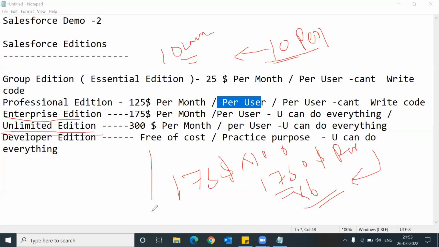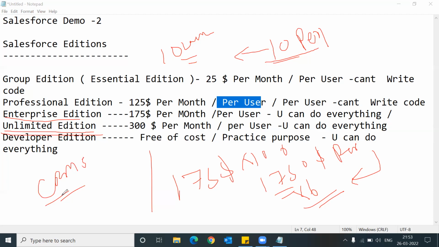In this case, you will move to other CRMs. But Salesforce doesn't want you to move. Salesforce doesn't want to lose customers, right? Salesforce is a very well-planned application, I'm telling you. That's why Salesforce is popular worldwide, for some reasons.